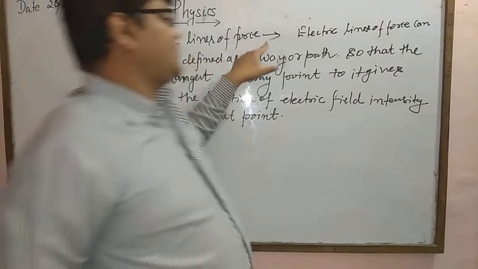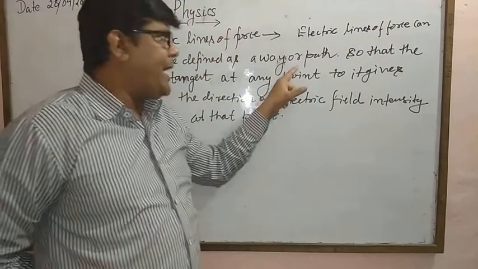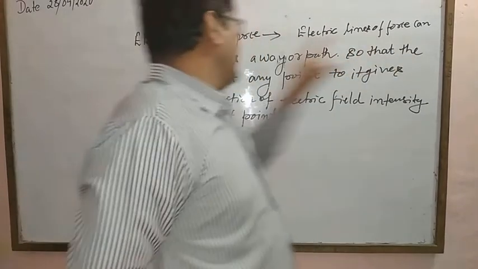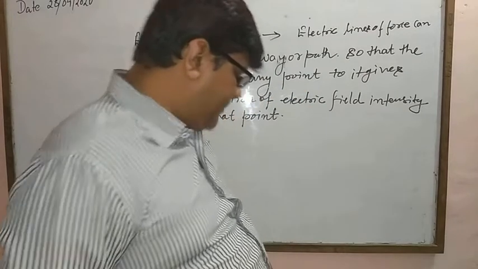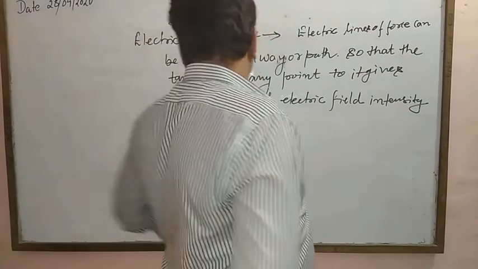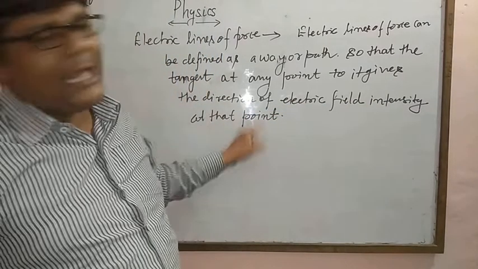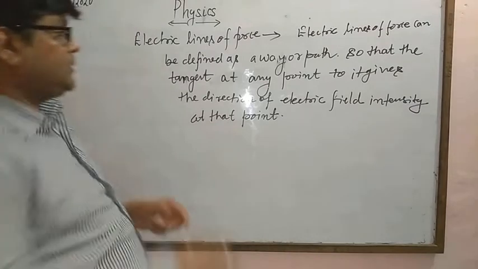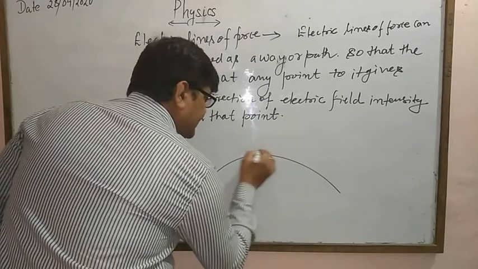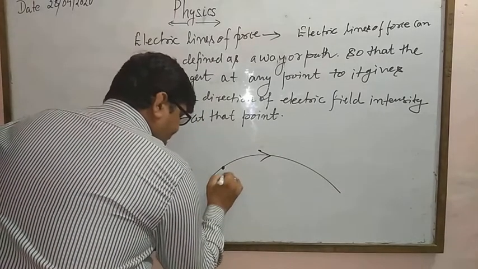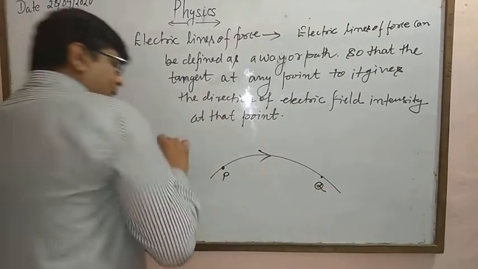What is electric lines of force? Electric lines of force can be defined as a way or path so that the tangent at any point to it gives the direction of electric field intensity at that point. At point P and at point Q, two tangential lines are drawn.